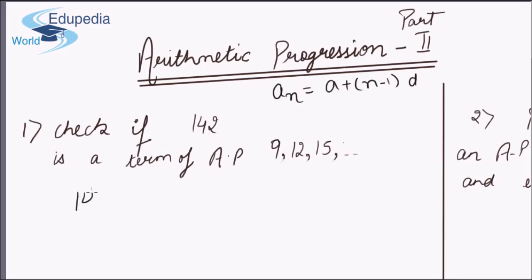So, we are given 142 and we have to check whether it lies somewhere in this given AP or not. If it lies in this AP, then to find where it lies, we can assume this given number as the nth term of this AP.